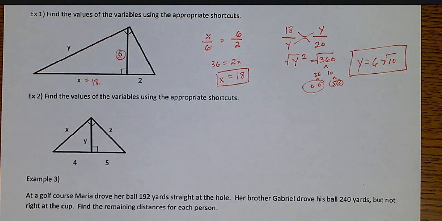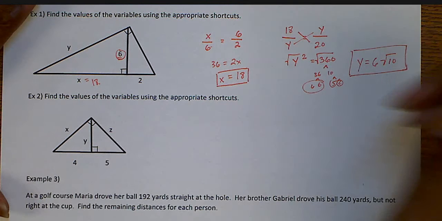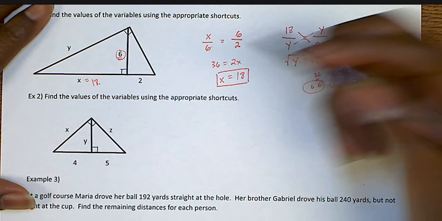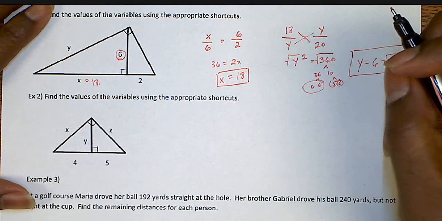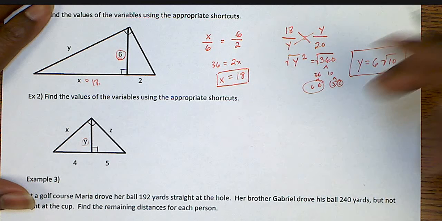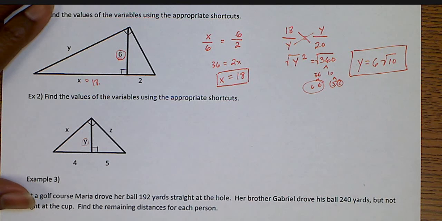If you'd like to, pause the video and try this next example on your own. Alright, now I'm going to go in any order, it really doesn't matter. I know it's x, y, and z, but it doesn't matter. I'm going to start with y. And I'll actually use the Pythagorean theorem after I find y, just because I keep telling you that we could use it and I haven't shown it yet.